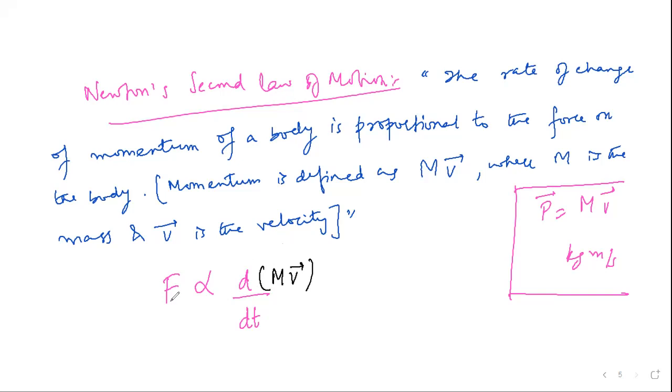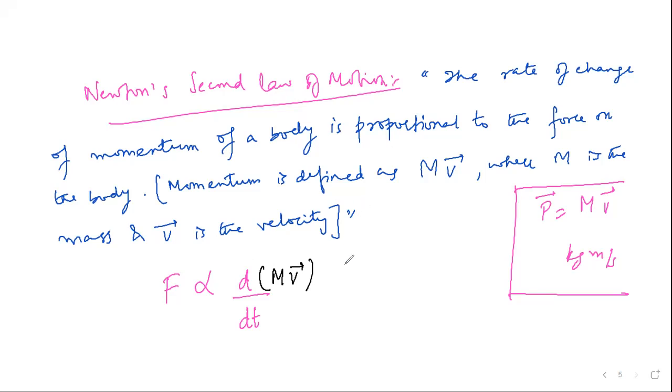To change the momentum of a body at a smaller rate, we need to apply a smaller force. If you double the rate of change of momentum, the force required is doubled. If you triple it, the force required is tripled. That is the meaning of proportionality.